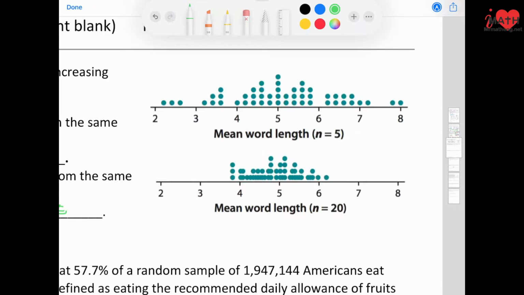Okay, if they randomly pick, remember this is the sample size, if they randomly pick 5 students and they took the average of your word lengths, maybe some of your words, I don't know how many words they picked, but maybe one of the words was 8 words long, and the others, in your essay, I don't know how many they picked, but I'm not going to count up the dots.